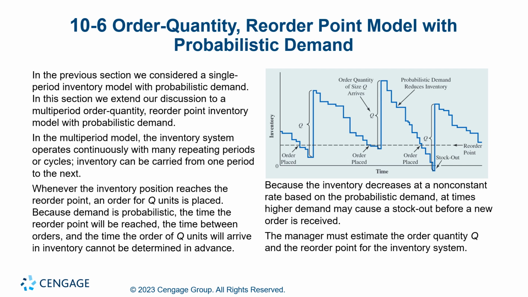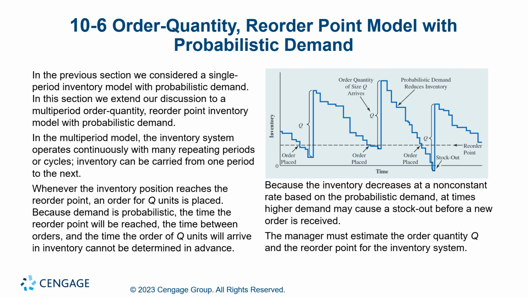The inventory pattern for the order quantity reorder point model with probabilistic demand will have the general appearance as in this picture. Note that the jumps in the inventory occur whenever an order of Q units arrives in inventory, and here we assume that the inventory arrives at one point in time.